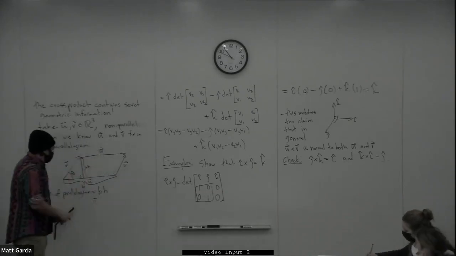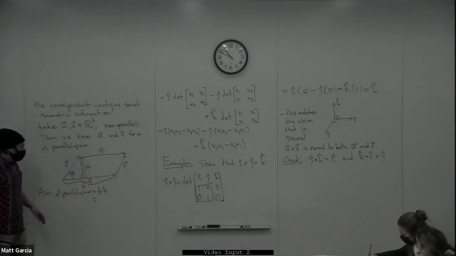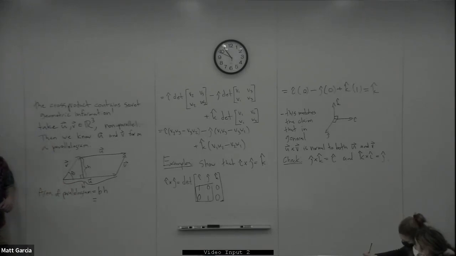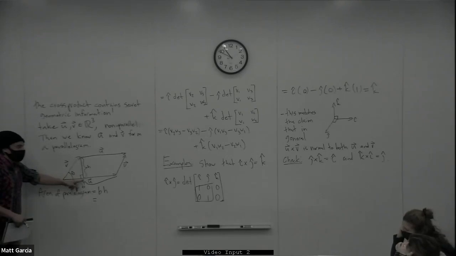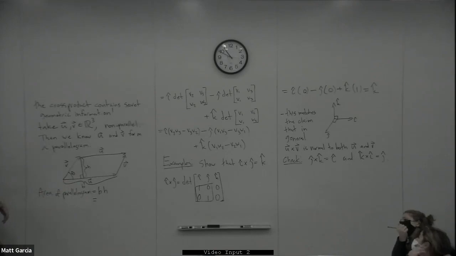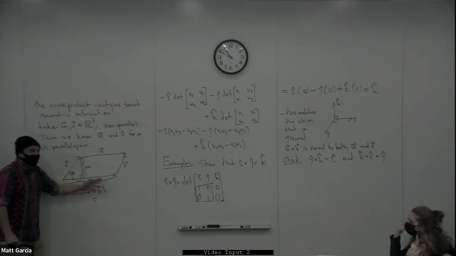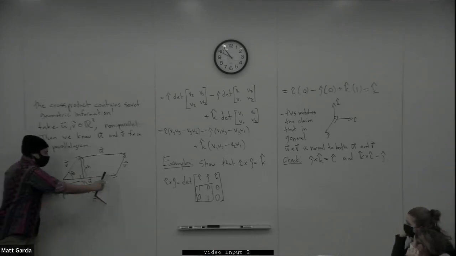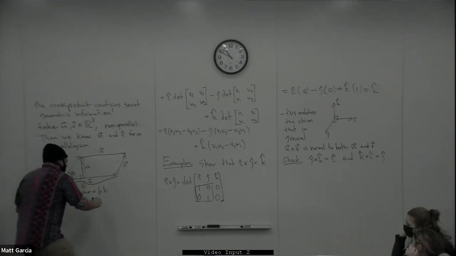Now, how can we quantify the base in terms of the vectors u and v? Yeah, well, not quite. The orthogonal projection would just be here. You're projecting v onto u. I asked the question in a misleading way. This is just the magnitude of u, right? The length of this vector u. Okay, so that's the base.